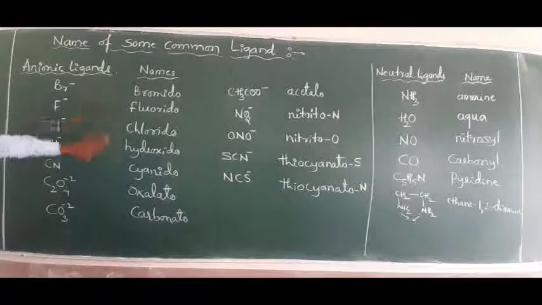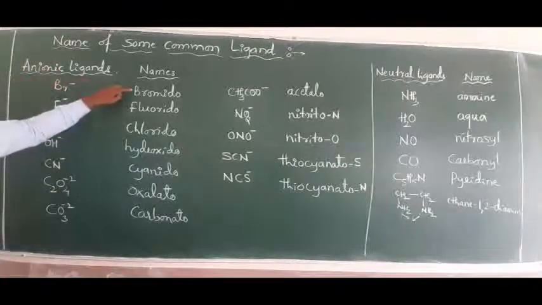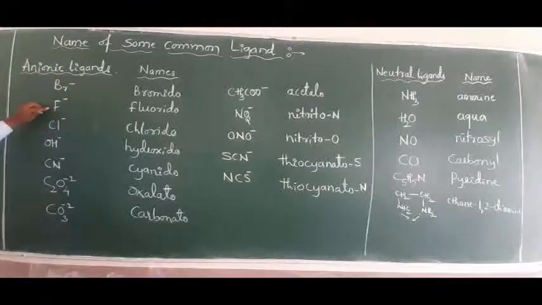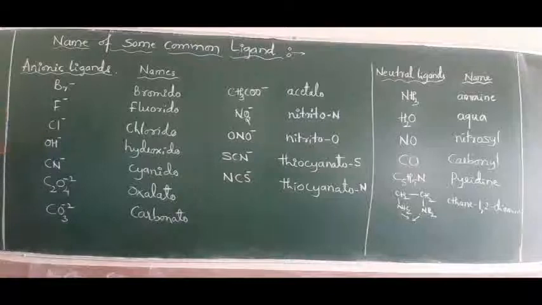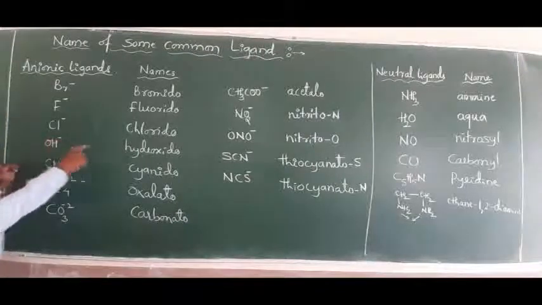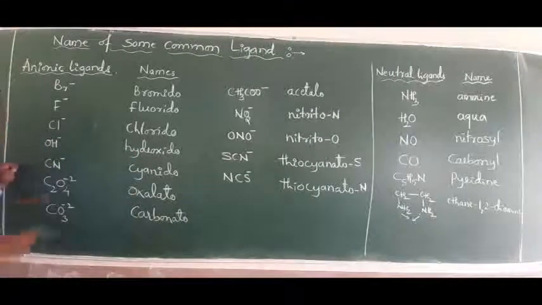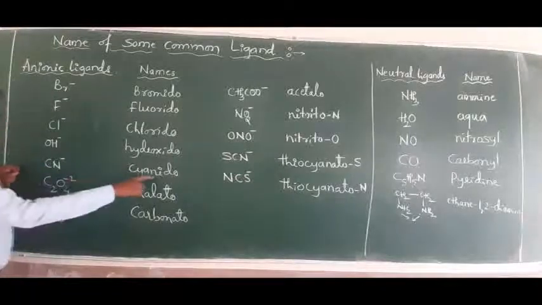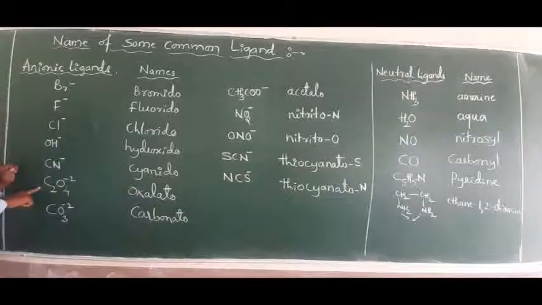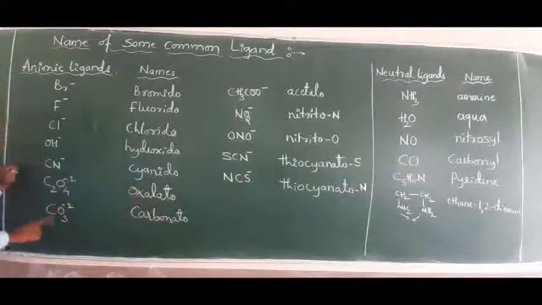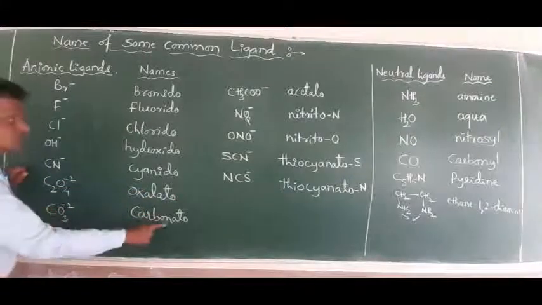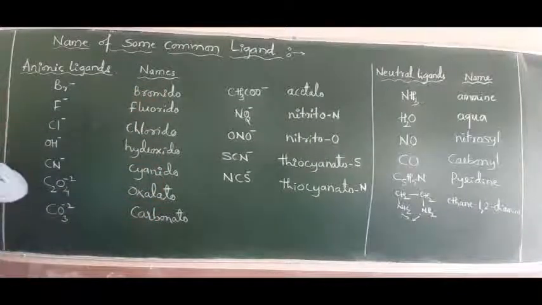Similarly, Br minus is named bromido, F minus is fluorido, Cl minus is chlorido, and OH minus is hydroxido. Cyanide is named cyanido, oxalate C2O4 2 minus is oxalato, and carbonate CO3 2 minus is carbonato. These are the names of the ligands corresponding to these formulas.